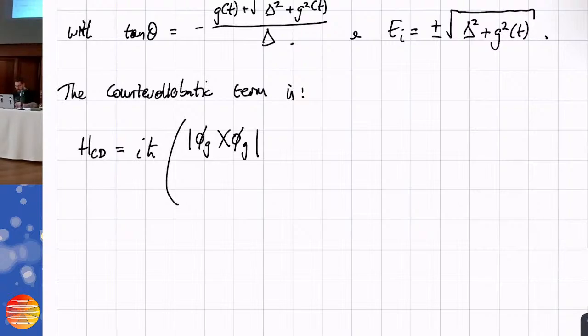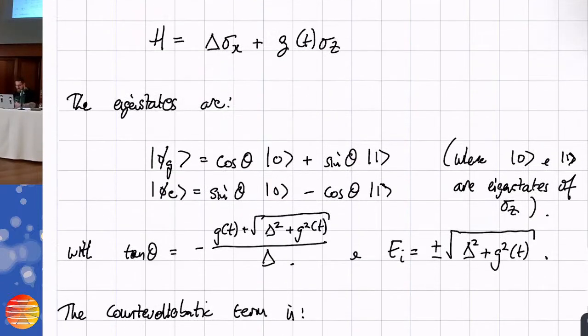If I look at my Hamiltonian, the only thing that's time dependent is the function g of t. So when I differentiate H, the delta x term disappears. I'm just left with the time derivative of g times sigma z.